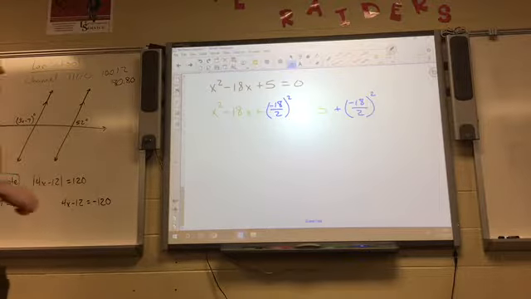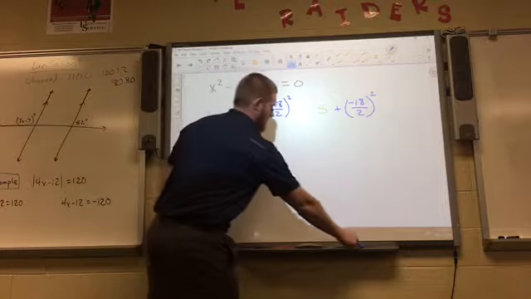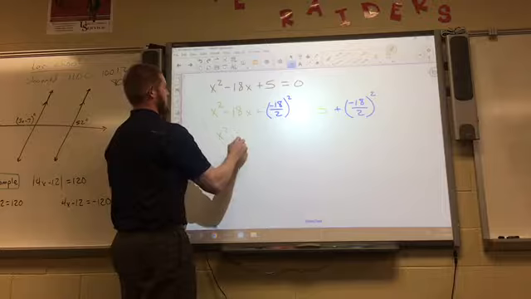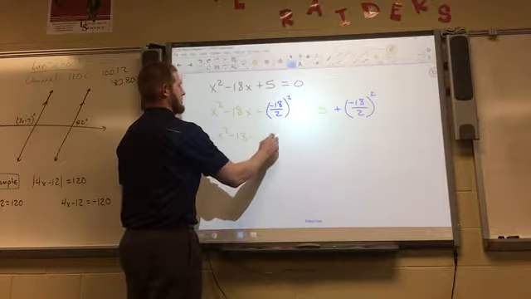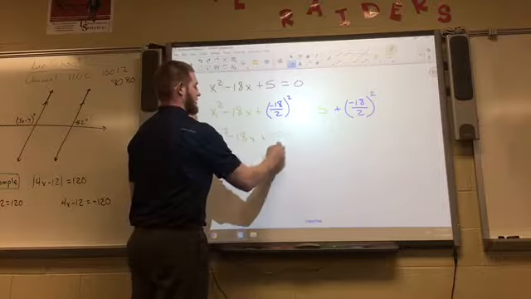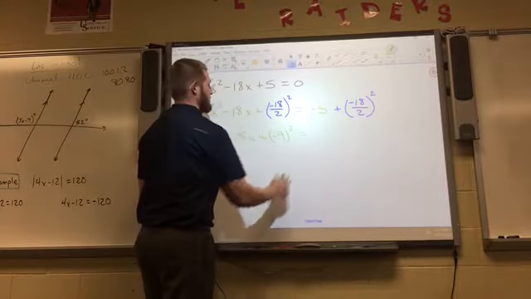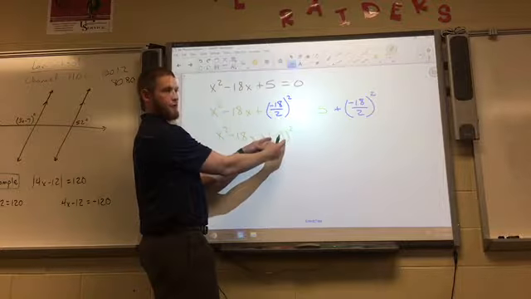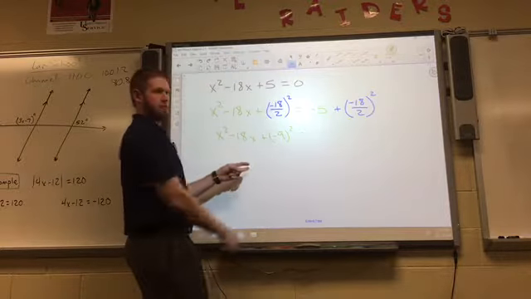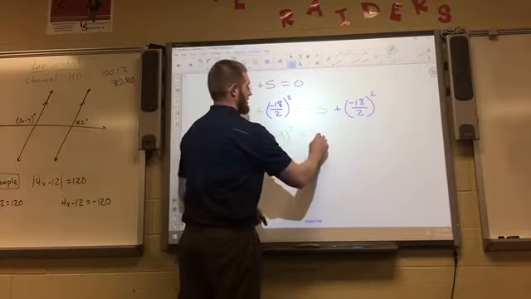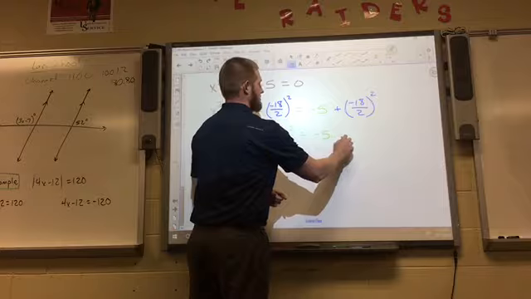Okay, so now on this side I have x squared minus 18x plus, negative 18 over 2 is negative 9 squared, 81. I'm not going to mess with it on this side any further than that because I can factor it easily from here using our shortcut. Now on the right side, negative 5 plus 81.